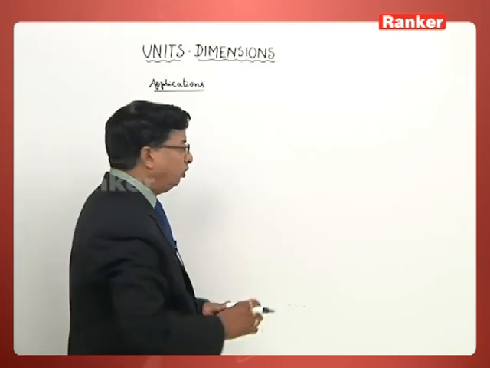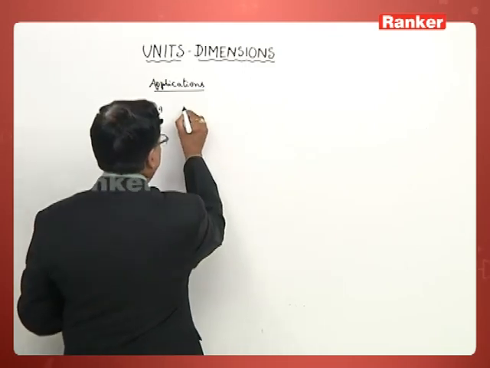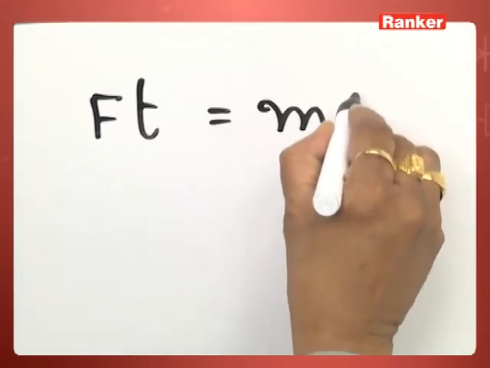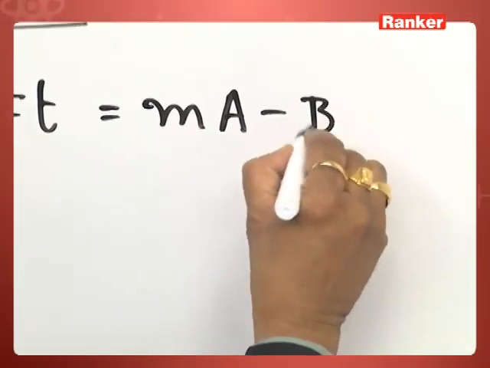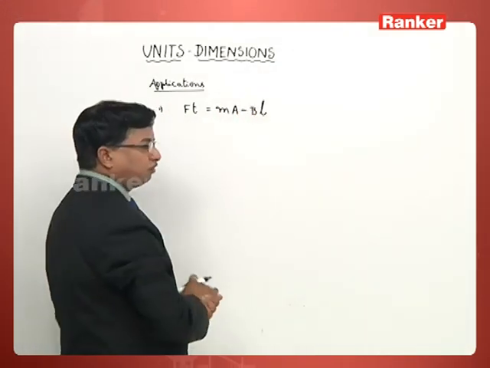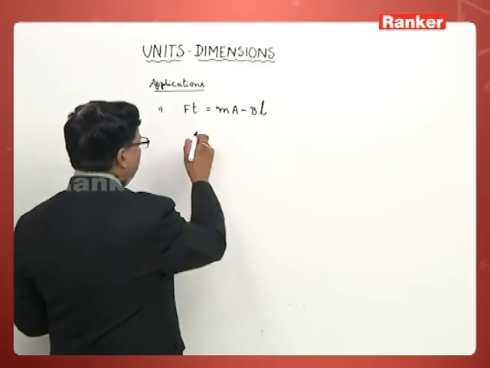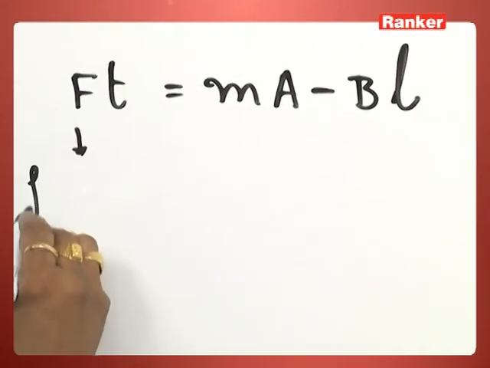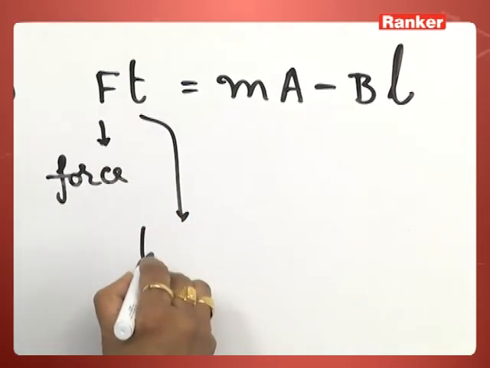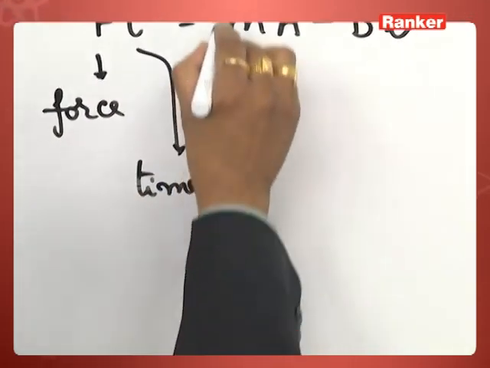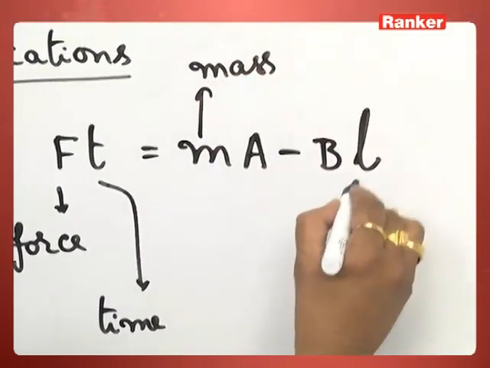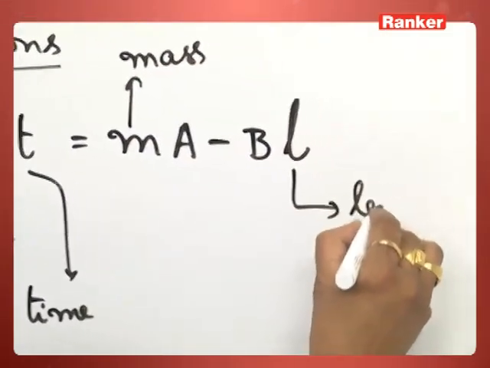I will give you an example this way. F into T is equal to MA minus BL. There is one equation given this way. Out of that, it has been mentioned that F is a force, T is given as time, M is mentioned as mass and L is given as length.